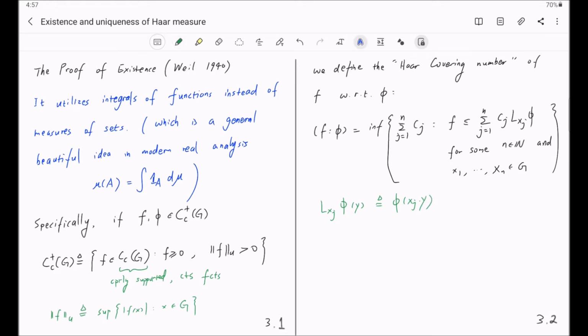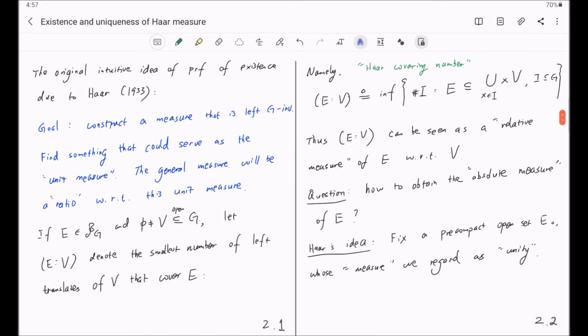So what are we doing now? We're considering all possible linear combinations of left translations of phi so that this linear combination will be greater or equal to f. Analogous to the idea of covering, as in the situation for sets.